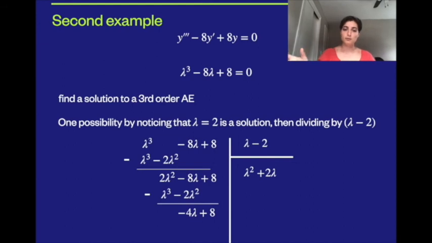If you multiply 2 lambda by lambda minus 2, you retrieve 2 lambda squared that allows you to get rid of the first term, and 4 lambda that allows you to get rid of 4 lambda out of the 8 lambda that you have. And then to solve for the last term, you need minus 4, and that indeed solves it exactly.